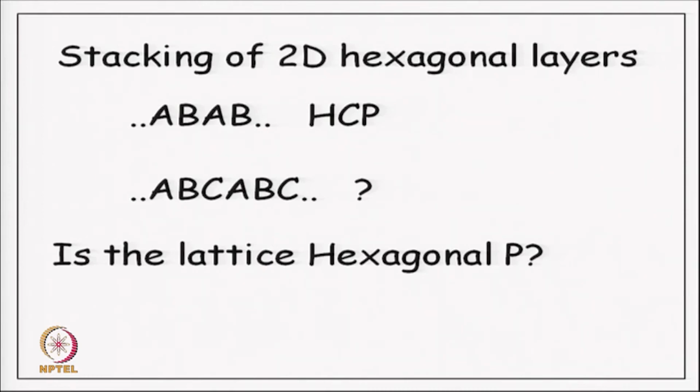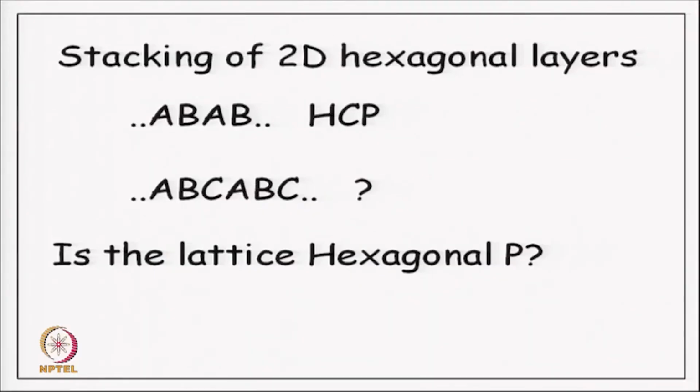But there is a difficulty here, because now since all atoms are equivalent, if we start with an A layer, the next layer B is also a lattice point, but this is not exactly above A. So, in a simple hexagonal lattice with one atom motif, the next layer should be exactly above the bottom layer. This is not true for ABC ABC stacking obviously. So, the lattice cannot be hexagonal P.